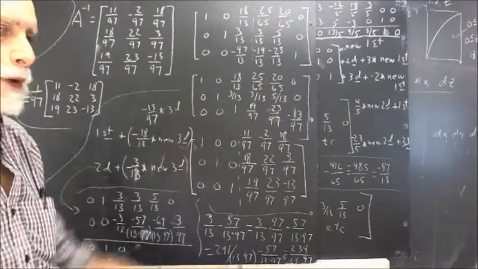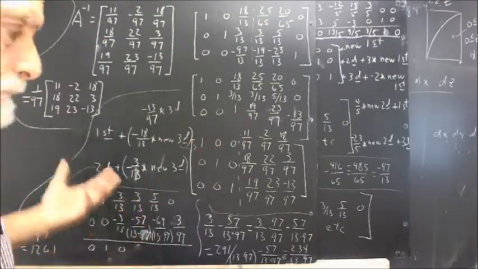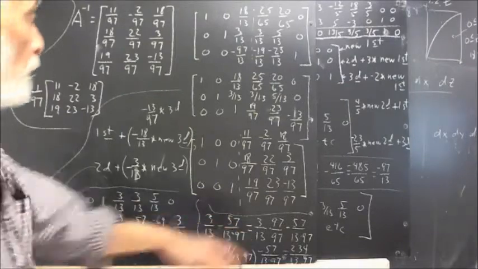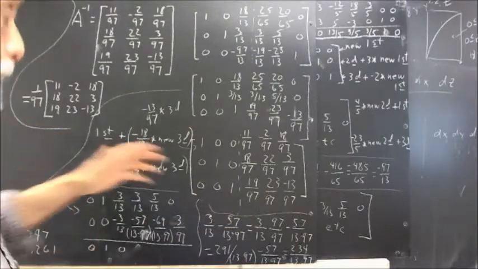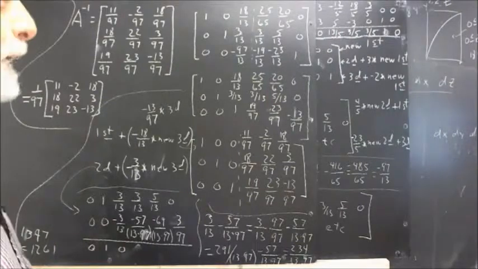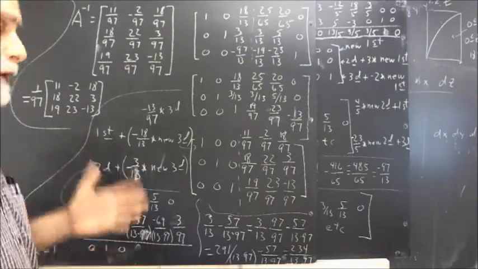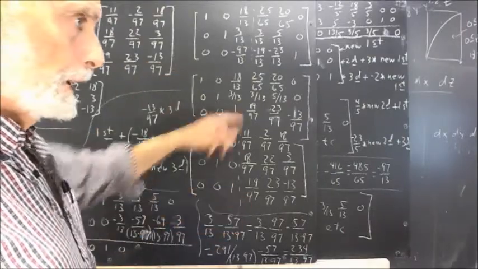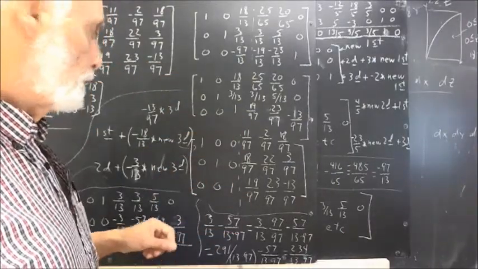If you do 2 or 3 of these, you'll catch on. It'll be clear to you. It's not really all that mysterious. In any case, we do the arithmetic. And also, I'll mention again, I don't seriously expect you to be able to do the arithmetic accurately and get everything to work out.